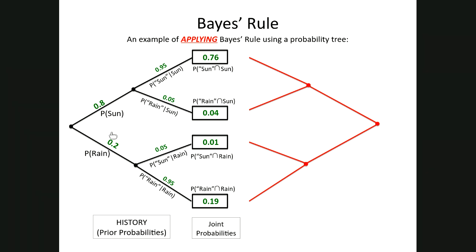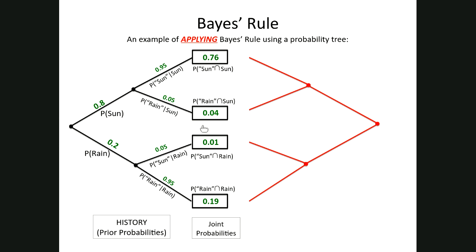In the other branch, there's a 20% chance of rain, but the forecast predicted sun 5% of the time, but correctly predicted rain 95% of the time. And doing the multiplications through this decision tree, this results in these joint probabilities.